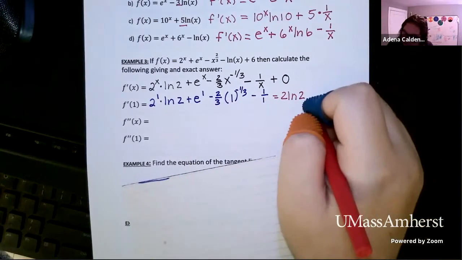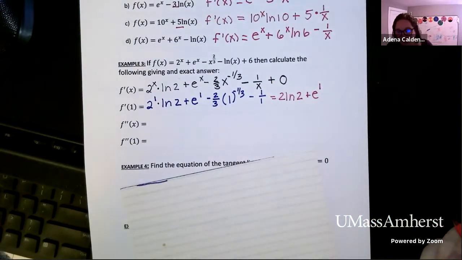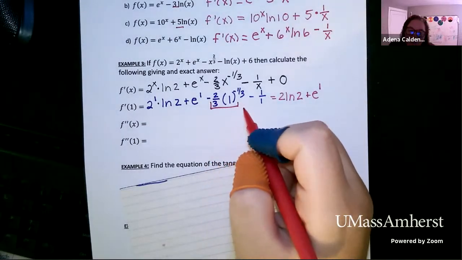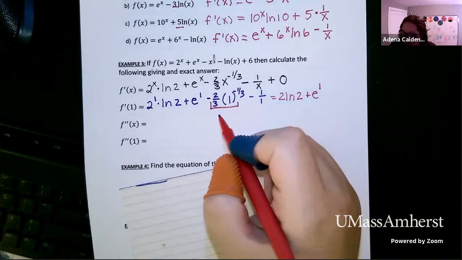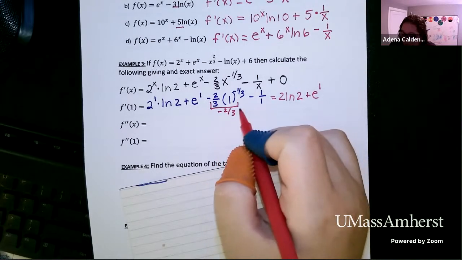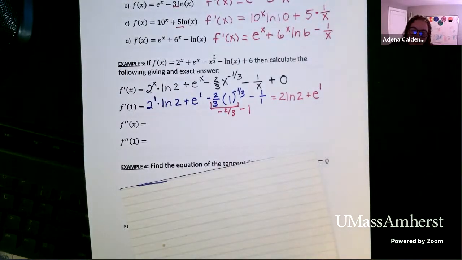e to the 1 cannot be simplified. So we'll just leave it as e to the 1. We don't want to turn it into a decimal because then that will become an approximation. Here, 1 to the negative 1/3 is just going to be 1. So this is minus 2/3, and then 1 over 1 is 1. So we have two constants here. We have minus 2/3 and minus 1.